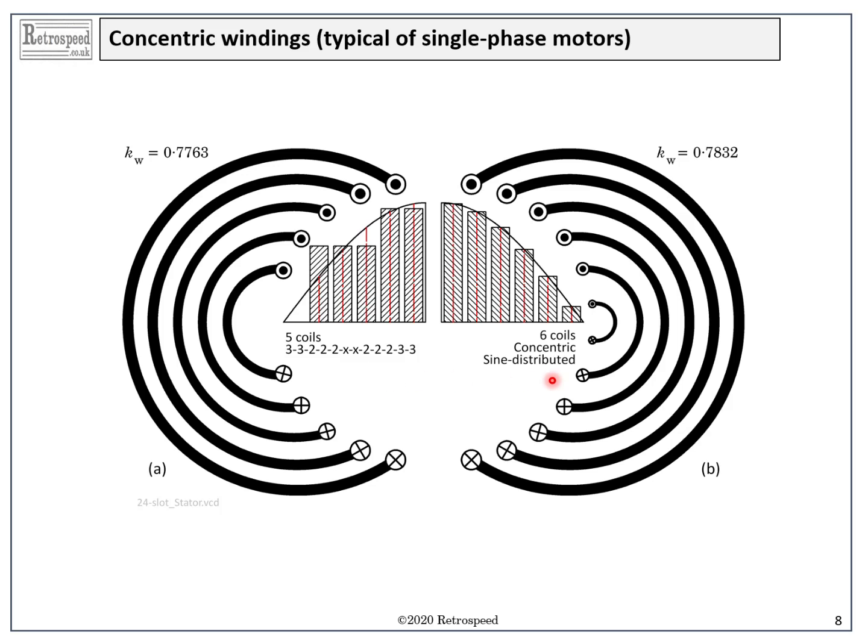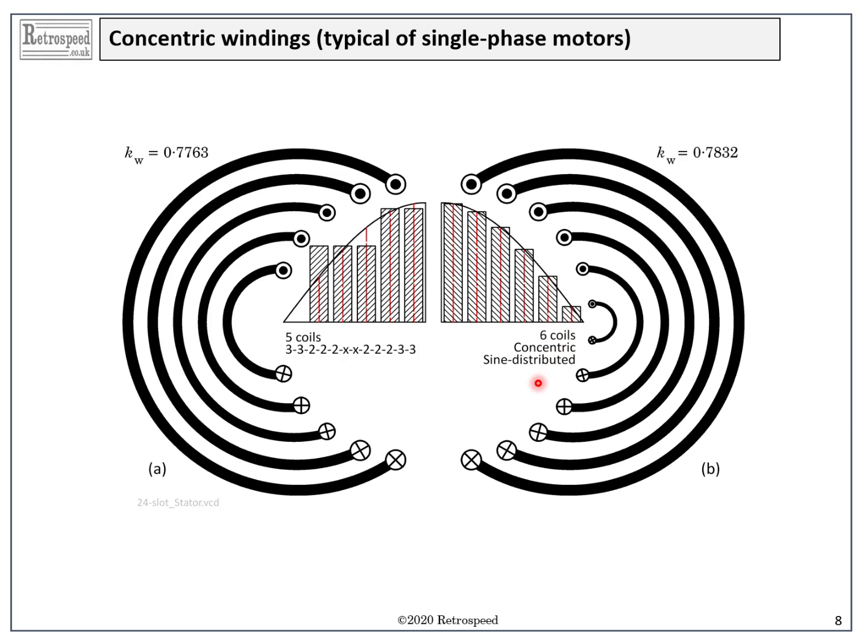The one on the right is a hypothetical winding with 6 coils, in which the turns are distributed sinusoidally. The numbers of turns in these coils are not integers, and of course this is impossible. But the point of this winding is to act as a theoretical reference as near as possible to a pure sine-distributed winding, which we hope will have no MMF harmonics.